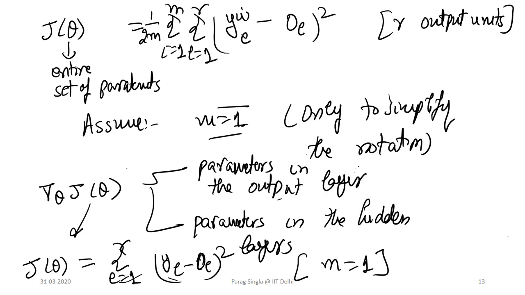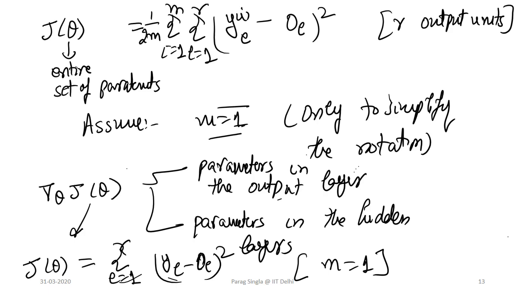And our goal will be to compute the gradient of J(theta) for two sets of parameters. One will be parameters in the output layer, and the second set of parameters will be parameters in the hidden layers.